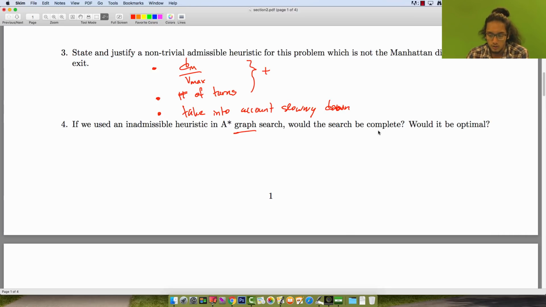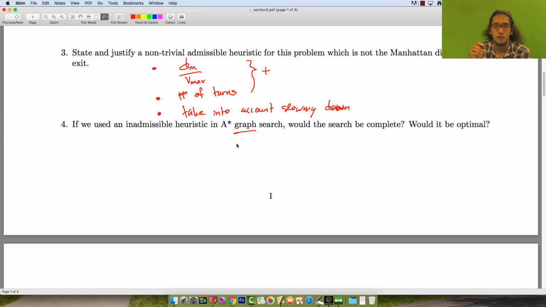So first, would the search be complete? Well, we have to think about the properties of A* graph search. We know that A* graph search does not revisit any vertices that it's already visited. And what this means is that as long as there is a path from your start state to the end state, so as long as a solution exists, A* graph search is going to terminate and it will find that solution. Why?